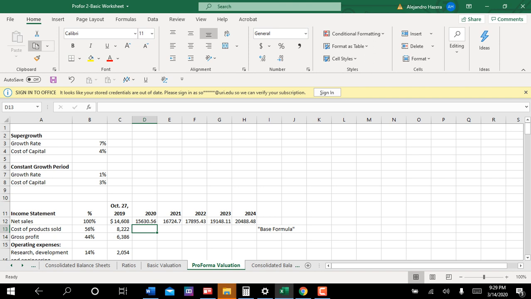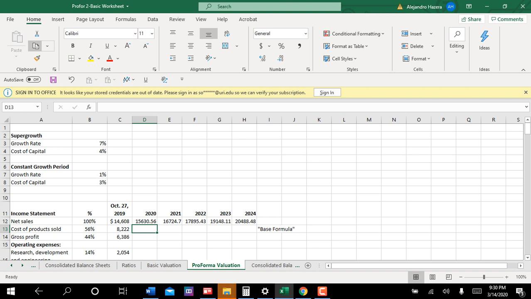We know that cost of products sold, cost of goods sold, was 56% of sales in 2019. We're going to make the initial assumption in our model that the linear relationships hold, that for the next 5 years the cost of products sold are also going to be equal to 56% of sales. We'll call it an initiating formula.